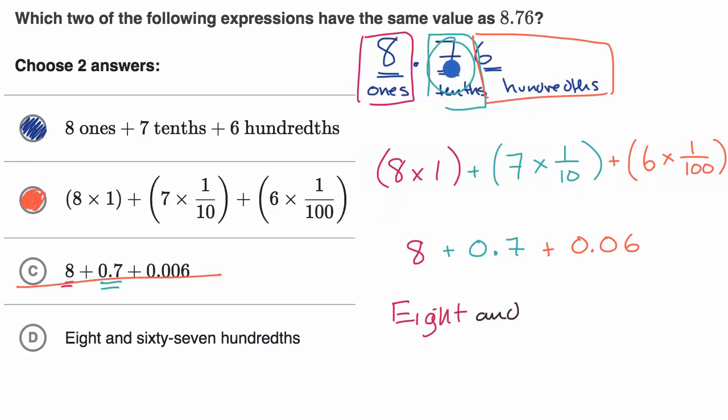So you could view 7 tenths as 70 hundredths, or you could view this whole thing as 76 hundredths. So it could be 8 and 76 hundredths. But what they wrote over here, they did write 8, but instead of 76 hundredths, they wrote 8 and 67 hundredths. A little tricky, so we would rule that one out as well.